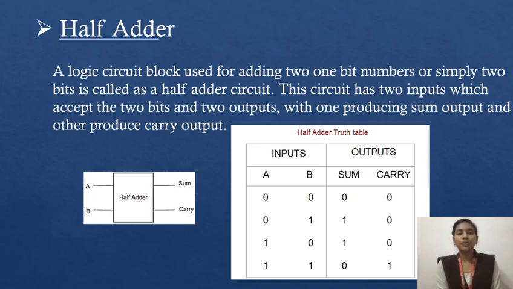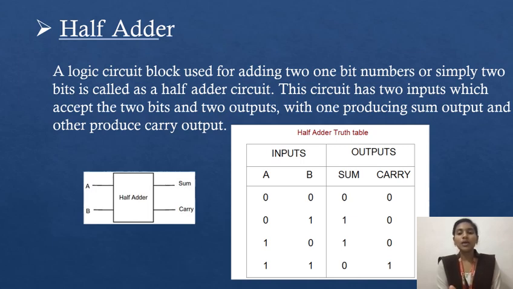So it takes two inputs and gives two outputs: one output is the sum, and the other output is the carry.